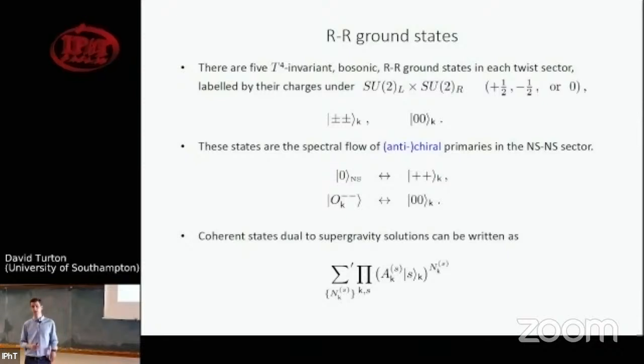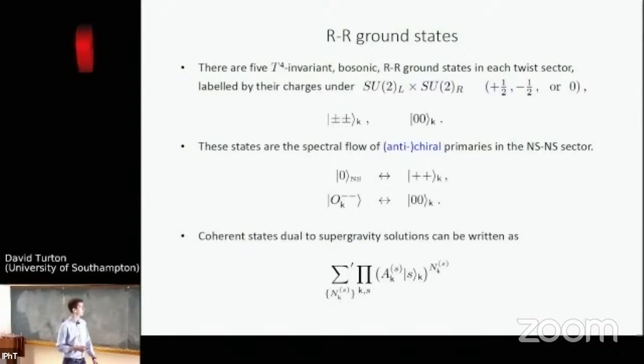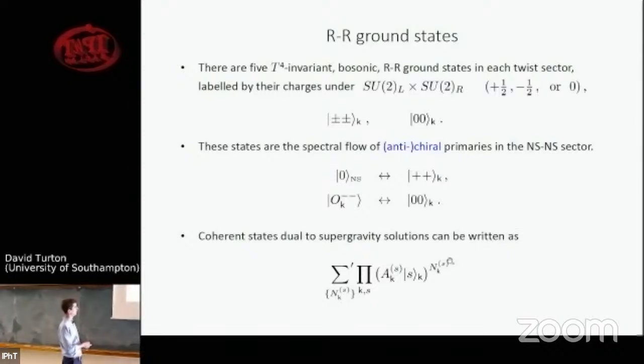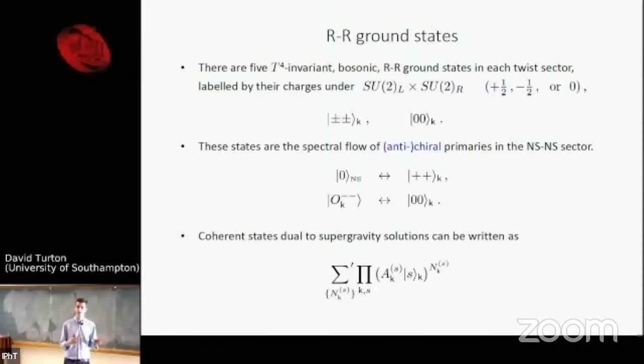And when we talk about states which are dual to macroscopic supergravity backgrounds in the bulk, we have in mind some coherent states, with a particular coherent sum over states which have large numbers of these twist operators, such that we should really always be talking about the average values of the strands which appear in the coherent sum. In the remainder of the talk, I'll try to simplify the presentation by assuming that this coherent sum is there in the background, but I'll just show you the main component of the sum.